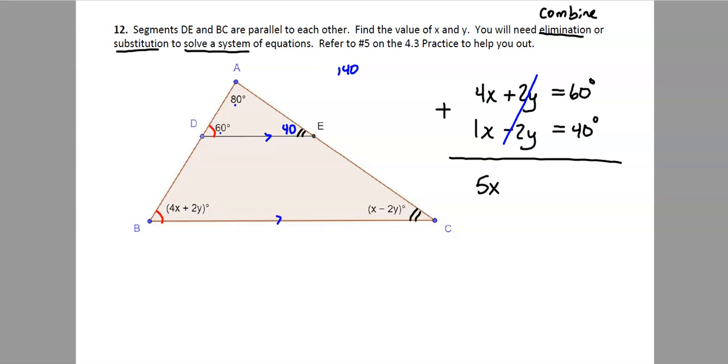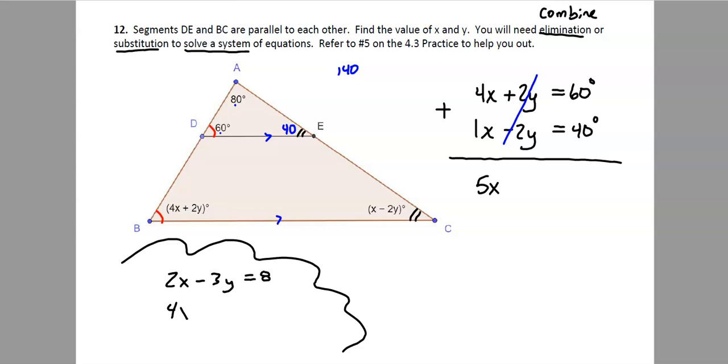Sometimes you have to multiply a row on your own to get opposites. So this is just a thought bubble, not anything to do with this question. But if I were to do like 2x minus 3y is 8 and 4x plus 2y equals 1. Those two don't line up, like there's no opposites. If you add them together, you're not going to get anything to eliminate.